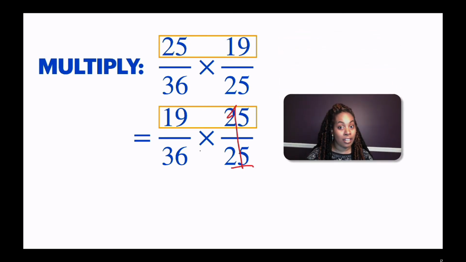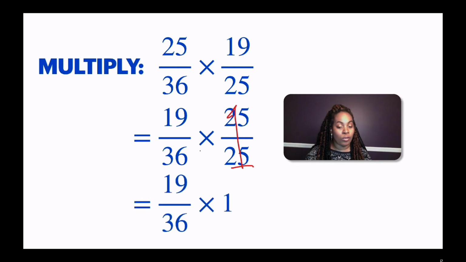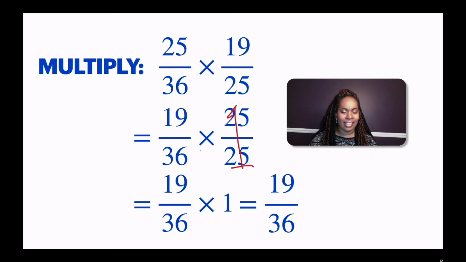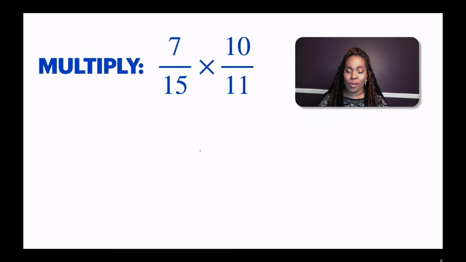Again, that's another form of 1, right? So it's really saying 19/36 times 1. And what does that equal? It's simply 19/36. It's already simplified. I'm absolutely loving it. I think that you guys can do one more of these.